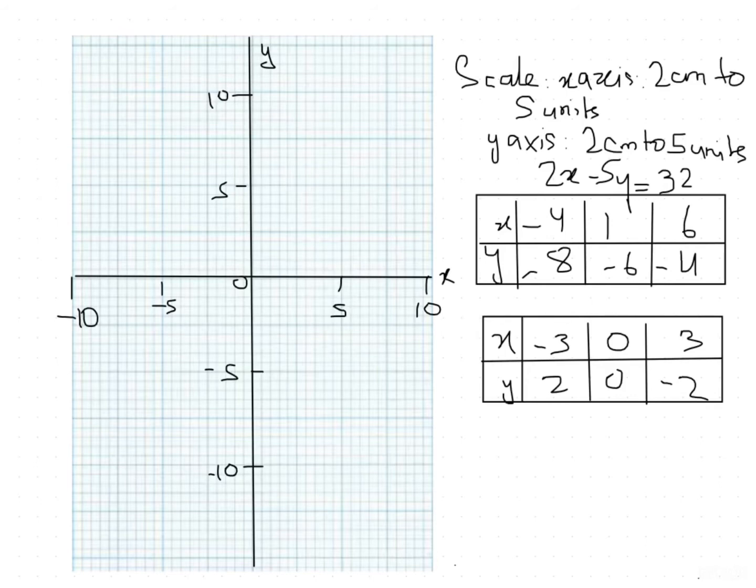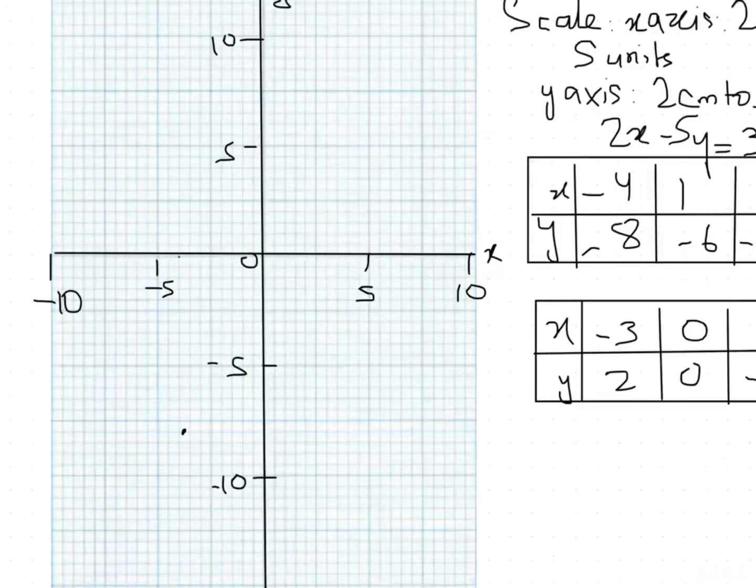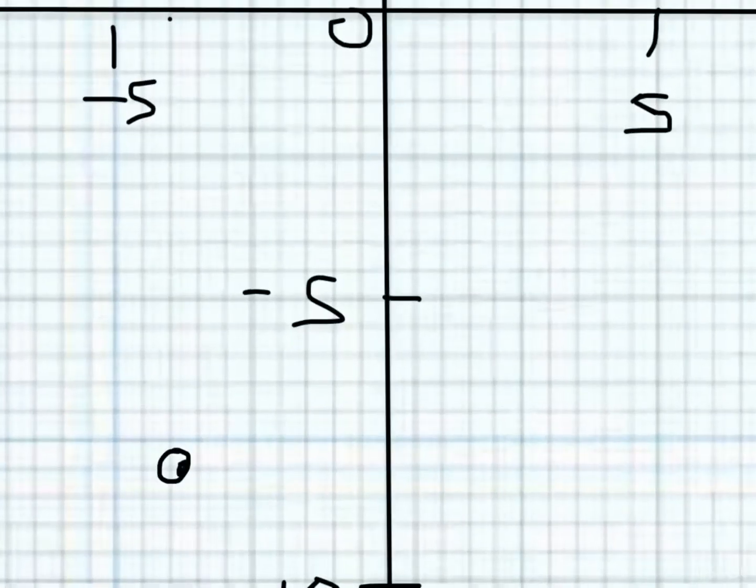The scale on the y-axis is the same. So let's plot the points. The first point is x equals -4 and y equals -8. So here is -4 and here is -8, and here will be the point.